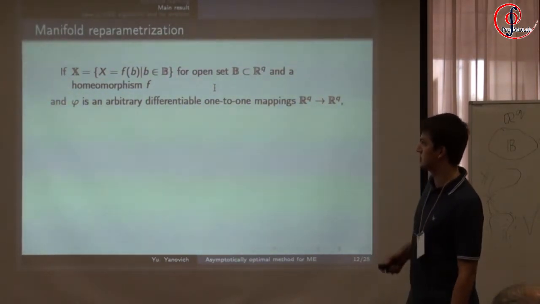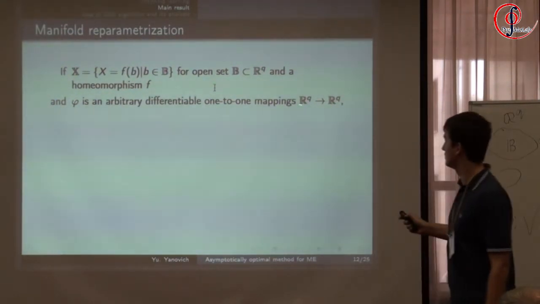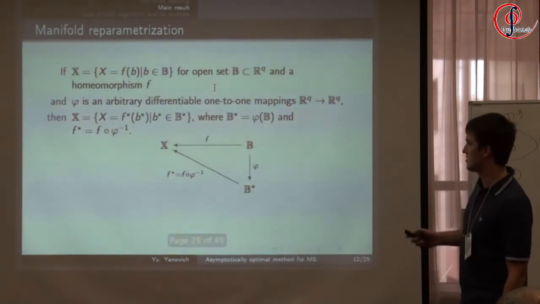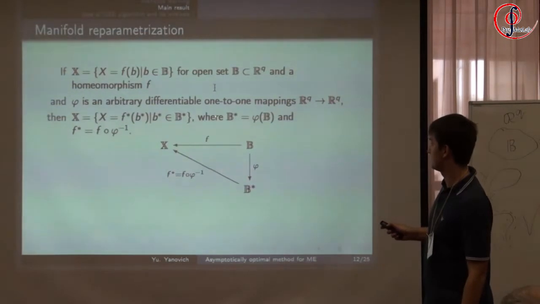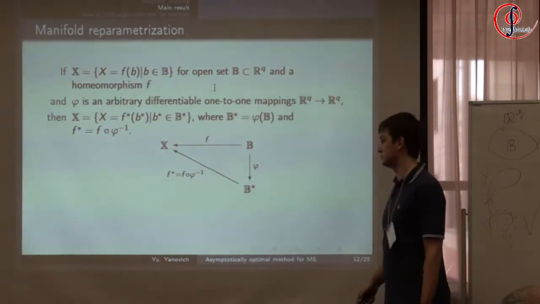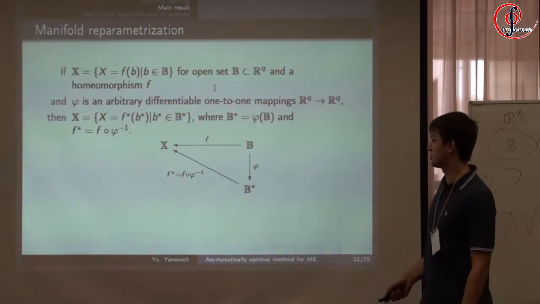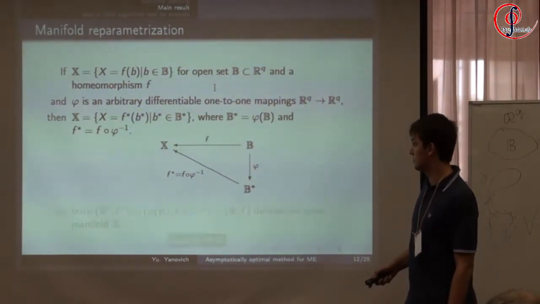And if one takes an arbitrary mapping from low dimensional space to low dimensional space, then the following pair of open set and mapping also defines the same manifold. So it's just a reparametrization of the manifold, nothing more.